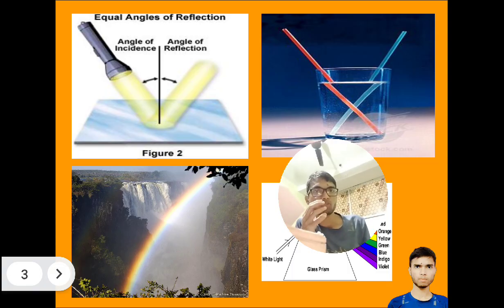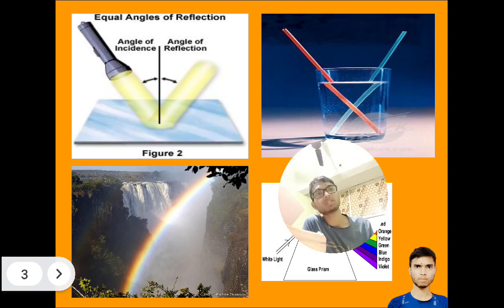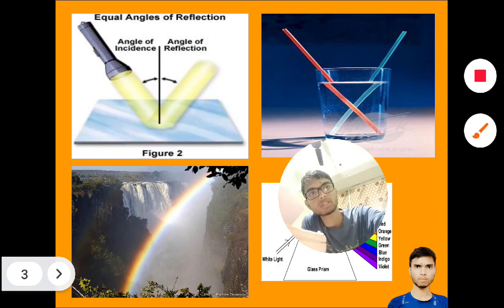Again, you can see some rays of light coming from the source, which is a torch, and the rays fall on the surface of an object. That's why some lights took a turn into another direction. This is what is reflection of light.